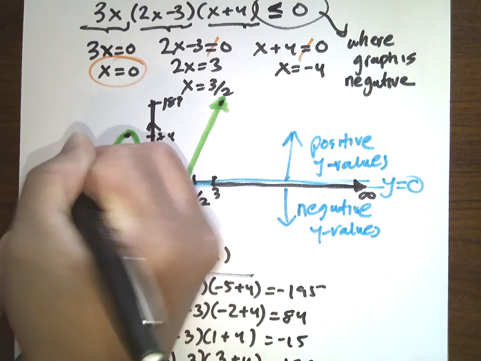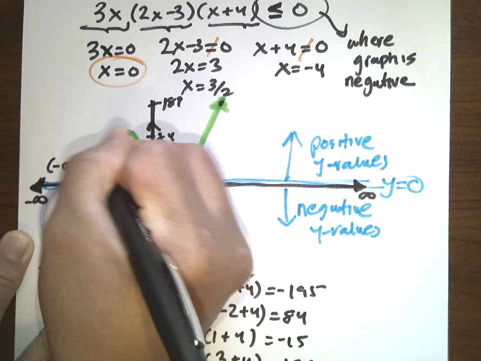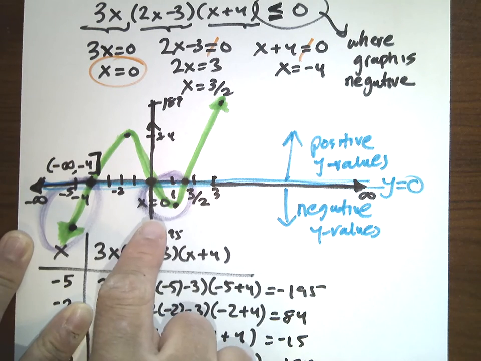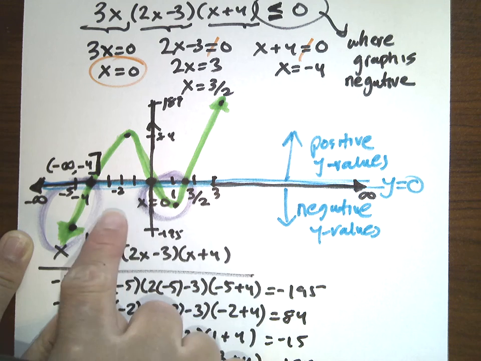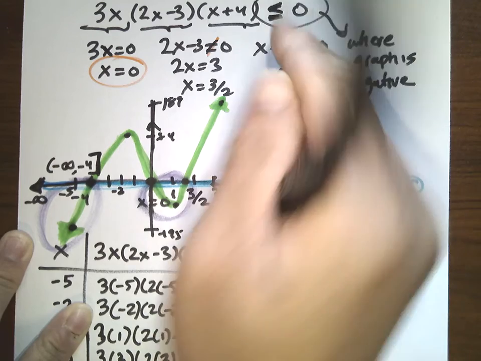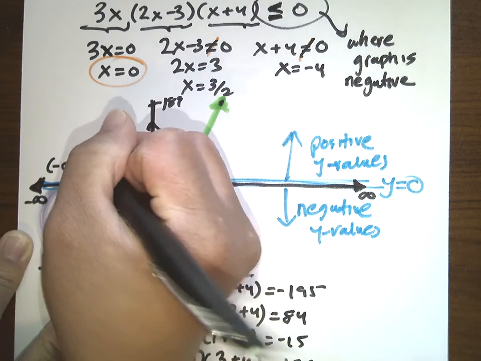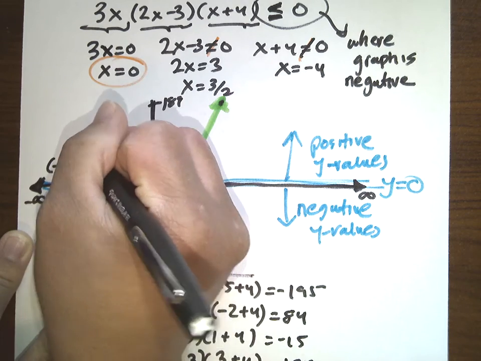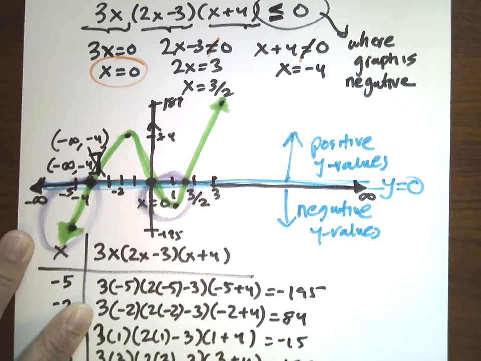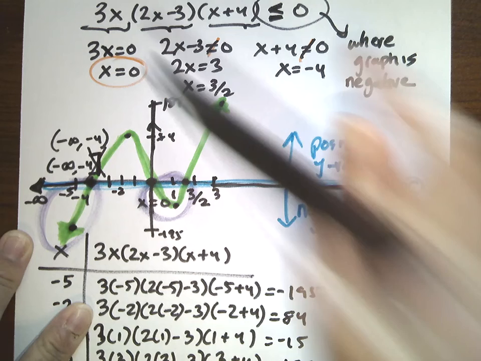So I have in interval notation negative infinity to -4, and I'm putting a bracket because of the equal sign here. Now, this is where you have to remember though, x could not equal -4. So even though this was less than or equal to, because x could not equal -4, I would actually change that to a parenthesis at -4 to indicate that x cannot equal -4.